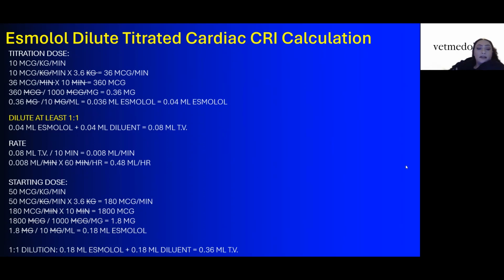You want to dilute it again at least 1 to 1. So 0.04 mils esmolol plus 0.04 mils of diluent gives you 0.08 mils of total volume.